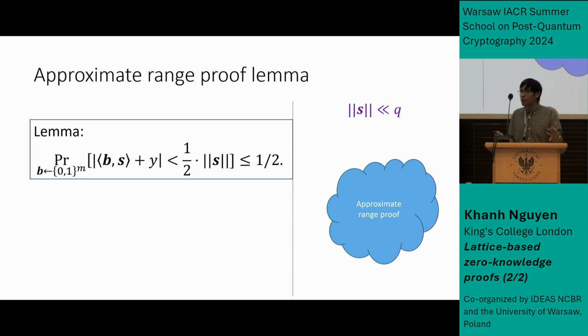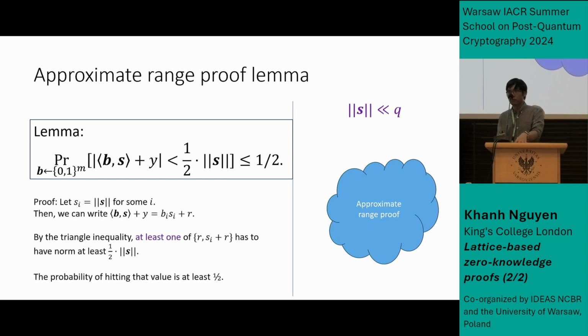So in particular, what this lemma says is that with probability at least 1/2, if the inner product of B and S plus Y is short, then we must have that the norm of S is also short. I'm always confused about which direction. Okay, so we focus on this lemma. I give a brief proof sketch, and then we can jump on to questions.